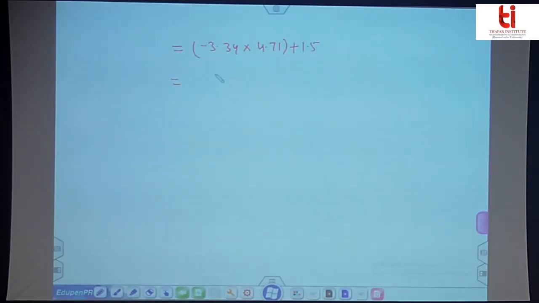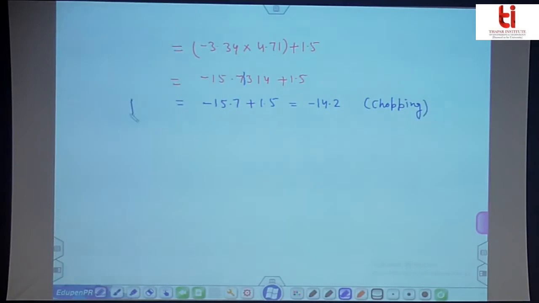The value is coming out to be minus 15.7314 plus 1.5. Truncate the series after 3 digits. It is coming out to be minus 15.7 plus 1.5, that is minus 14.2 using chopping. This is f of 4.71.